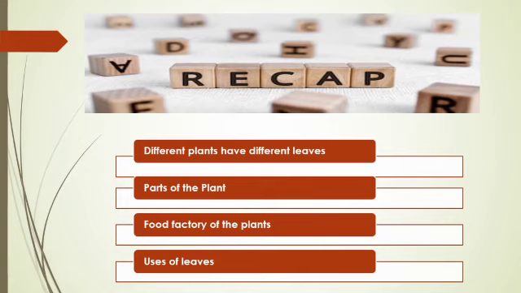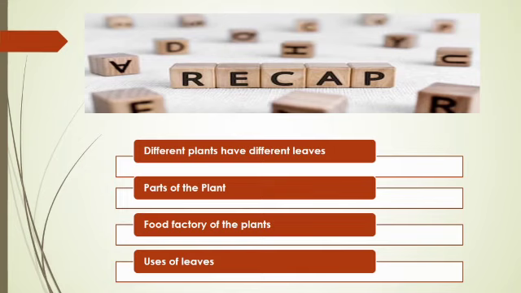So, what are the things we have learned in this lesson? All plants have leaves. Leaf is one of the most important parts of a plant. Leaves of different plants differ from each other in their shape, size, smell, color, and texture.